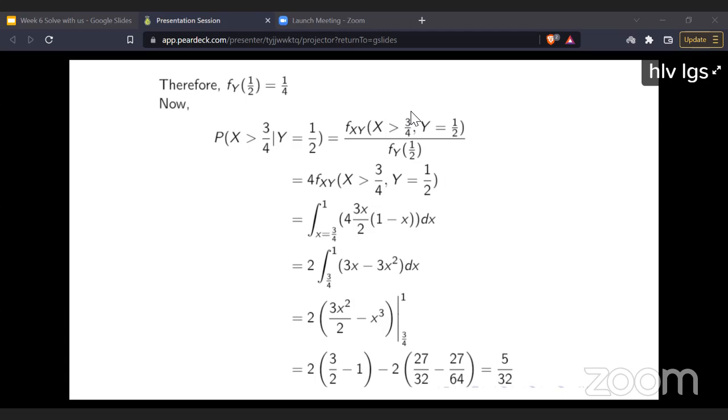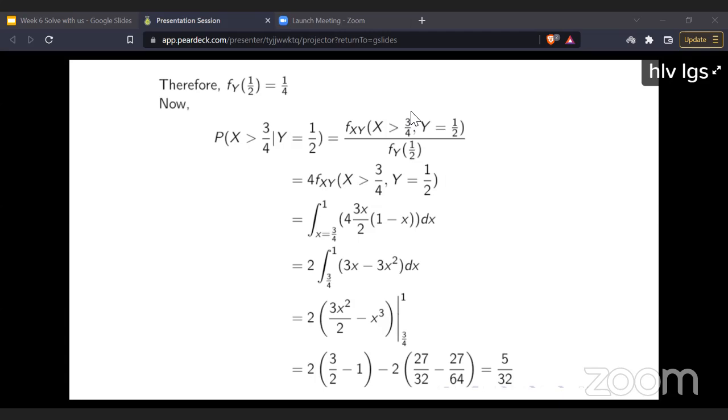Once you fix one random variable, since you are fixing y equals 1 by 2, the function becomes 3x by 2 times 1 minus x. So it is a function in x. Once you integrate a function, what exactly do you get? You get the area, and that area gives you nothing but the probability.